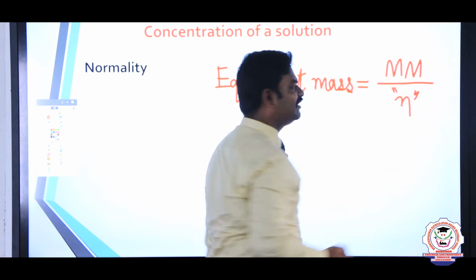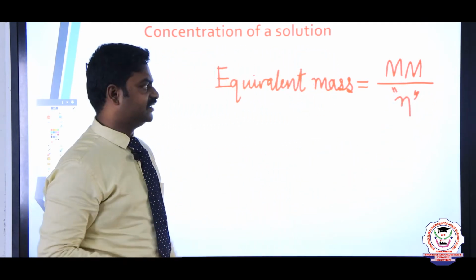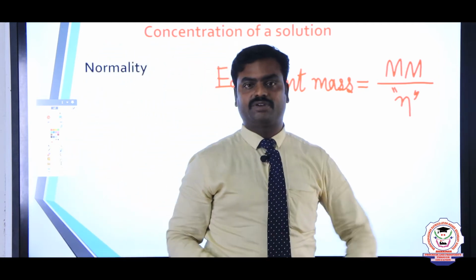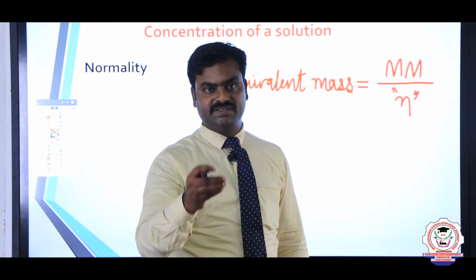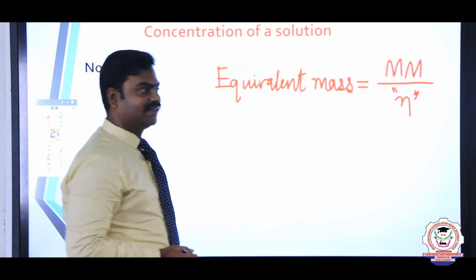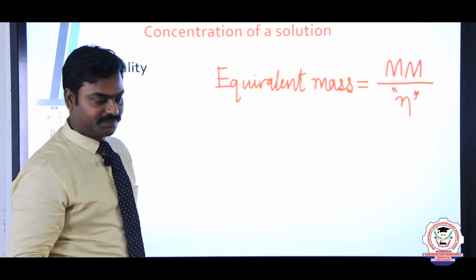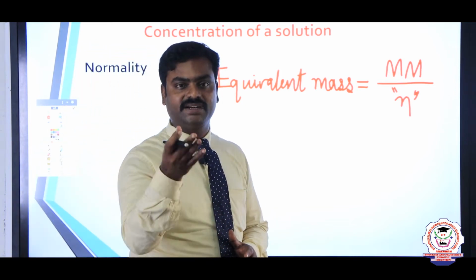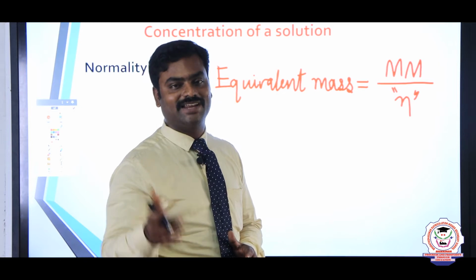So what is the n factor? The n factor can be found for all kinds of compounds. For example, if it is an acid, which is an H+ donor, we have to find the number of H+ ions donated by the acid; that is the n factor.